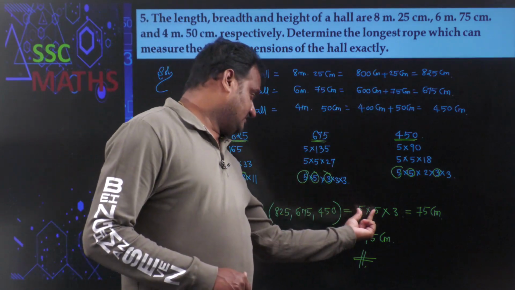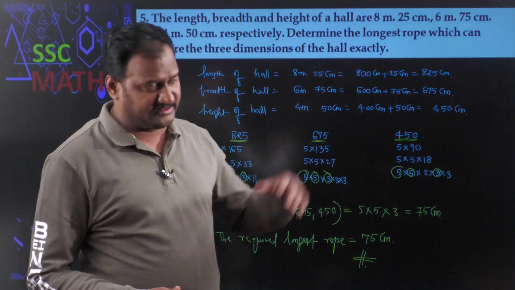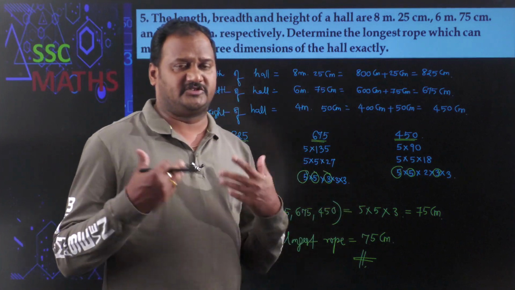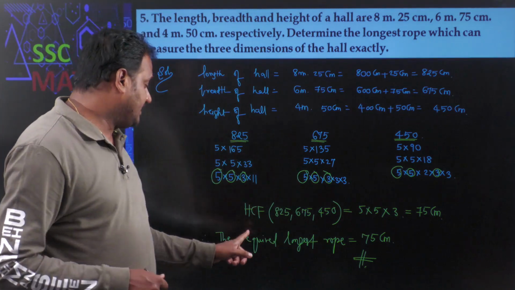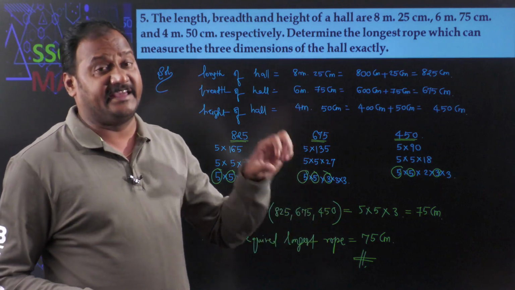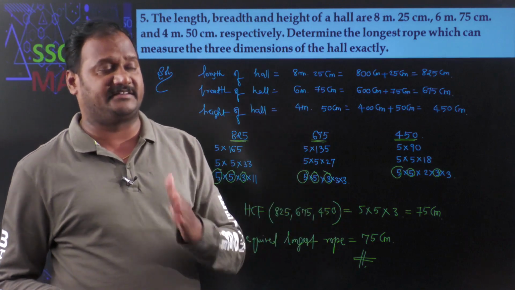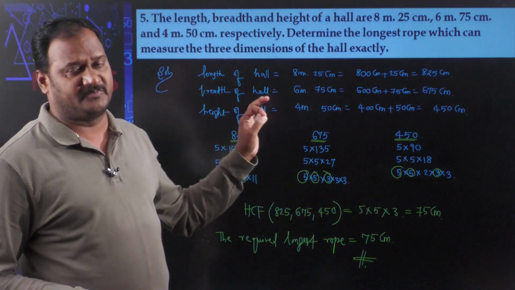If you take 5 into 3, a 15 centimeter rope, with that also we can measure all three. A 25 centimeter rope can also measure all of them. But what are you asked? You are asked for the longest rope. So the longest rope should be the HCF, the highest common factor of the given three numbers. This is the way of solving the problem.